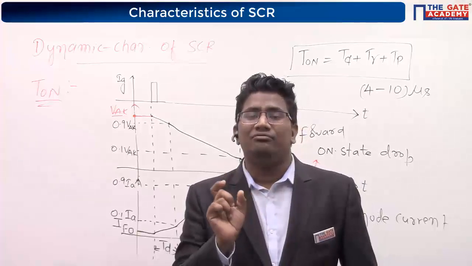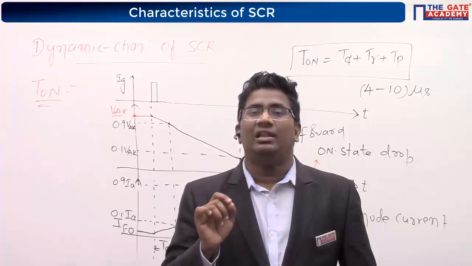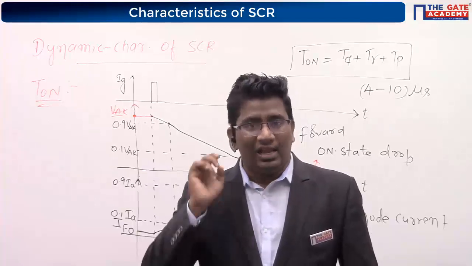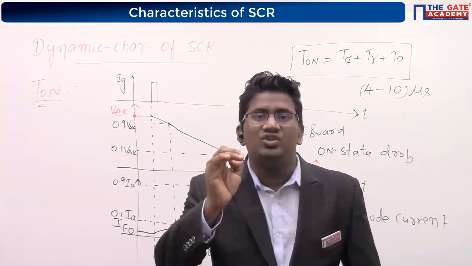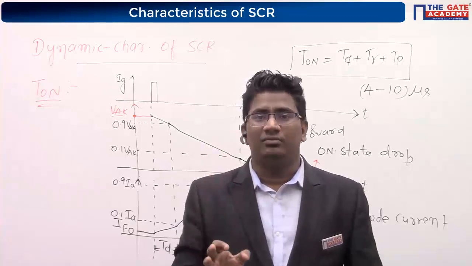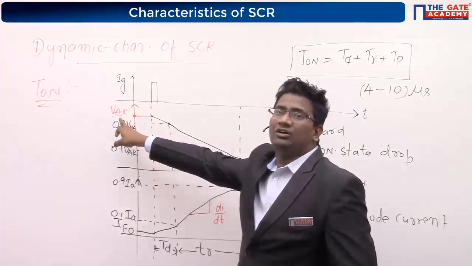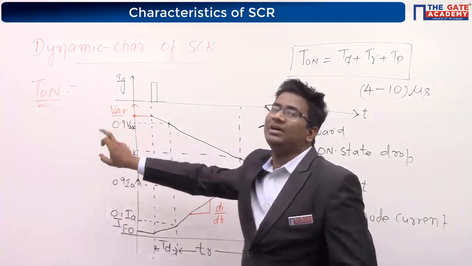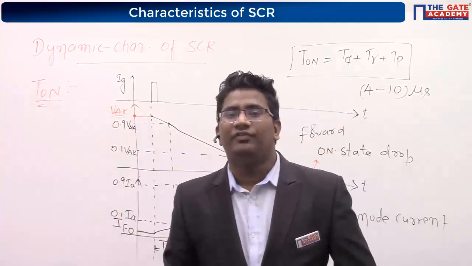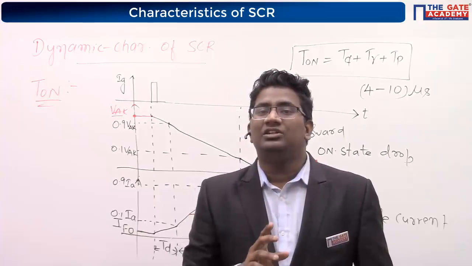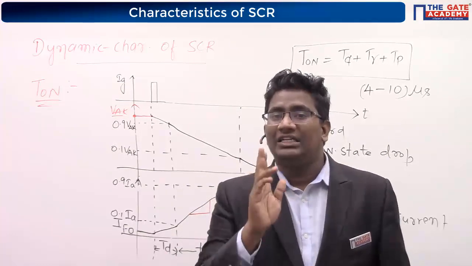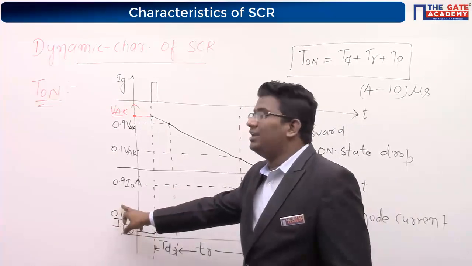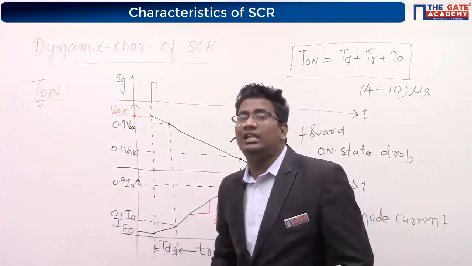Delay time means the time taken for the anode to cathode voltage to change from 100% of its rated value to 90% of its rated value, as well as the anode current reaching from forward leakage current to 10% of its rated value.